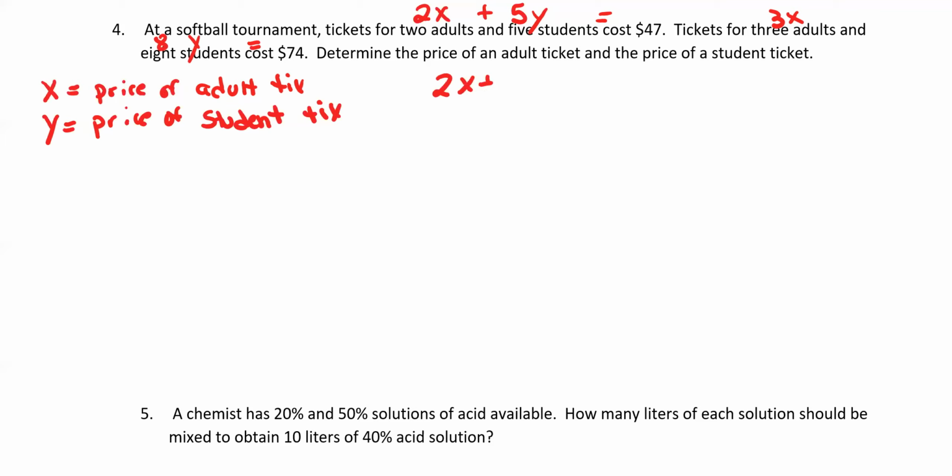So 2x plus 5y equals 47, and 3x plus 8y equals 74. I'm going to go ahead and work this one out. I'm going to use elimination. I'm going to multiply the first equation by -3, the second equation by 2.